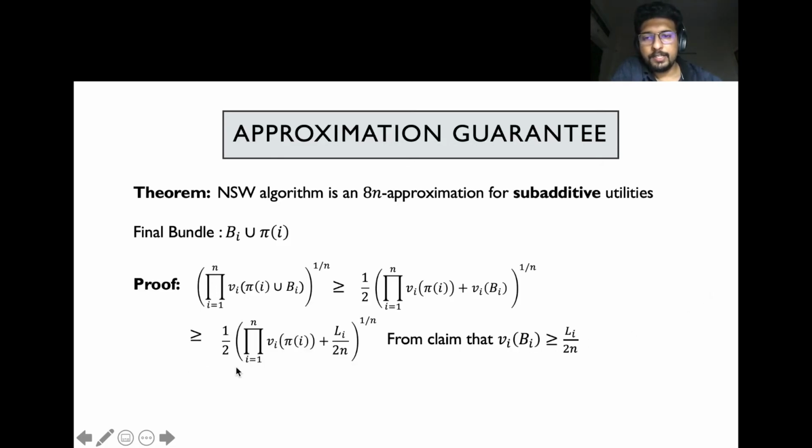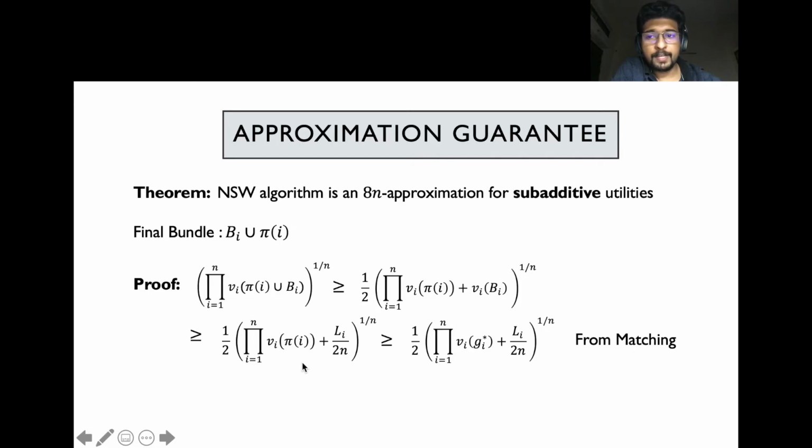The second inequality follows from the previous claim that we proved, which states that the value for the bundle obtained from the moving knife procedure is at least Li over 2n. And the third inequality follows from the definition of the max weight matching we were using, where the weights are exactly that of the LHS.